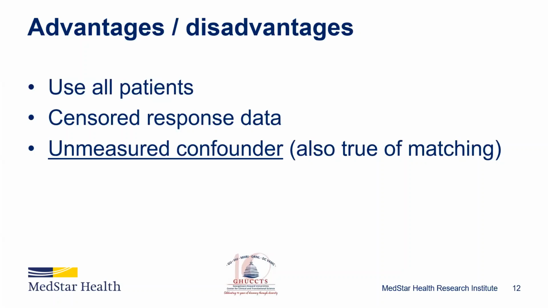That is, you've calculated your propensity score with all of the demographic, clinical, lab values that you have, but maybe there's a variable that you didn't measure, that you didn't have in your data set, and it turns out that this variable is the confounding variable. And so in that case, your results of your propensity score analysis may not be correct, and we'll talk about that later on.